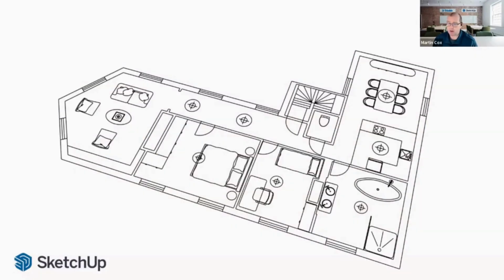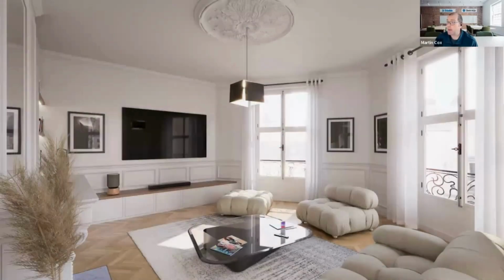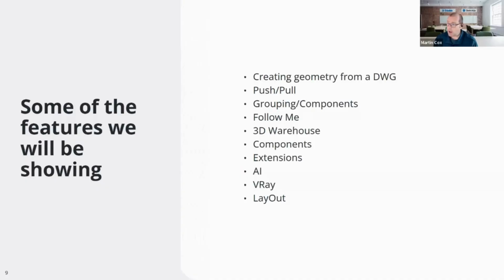And we're going to take this right through to creating that final model and even a little bit of rendering at the end as well. So, all the way through. And for the tools and features that we're going to be looking at, we're going to have a DWG file, looking at how we can take that DWG file and create geometry in SketchUp using push-pull, understanding around grouping and components, some of those techniques.